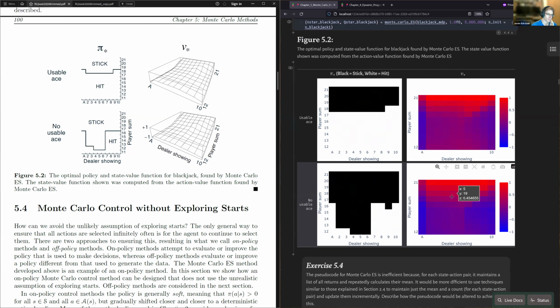In this case, the proper action is to stick instead of hit, like the old policy was doing. And in order to do this, I am initializing the episodes with a random state action pair from here. That's why this is able to converge.